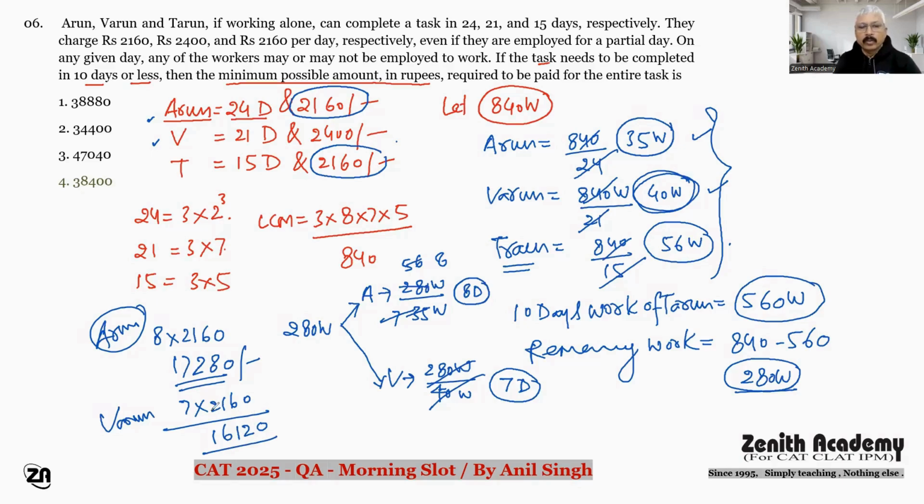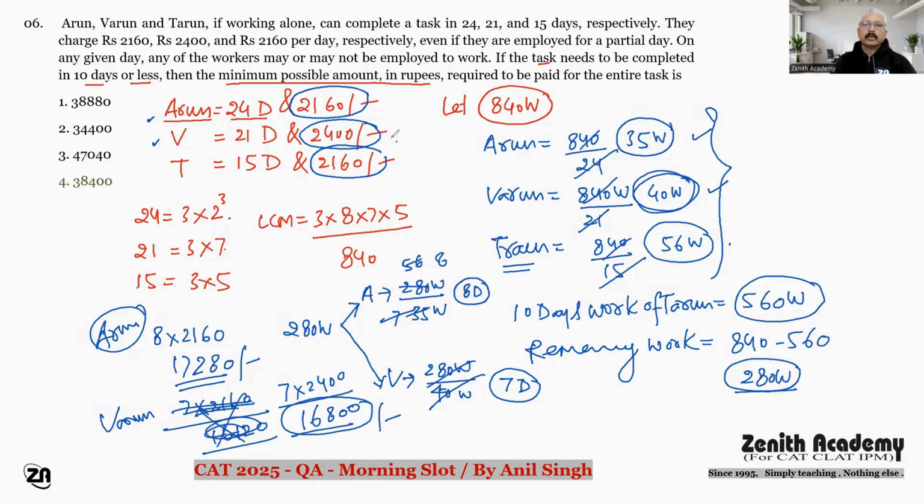Sorry, what am I doing wrong? Okay, sorry. Varun is charging 2,400 rupees. So it should be 7 into 2,400. So 7 4 are 28, 7 2 are 14 plus 2, 16. 16,800 rupees.